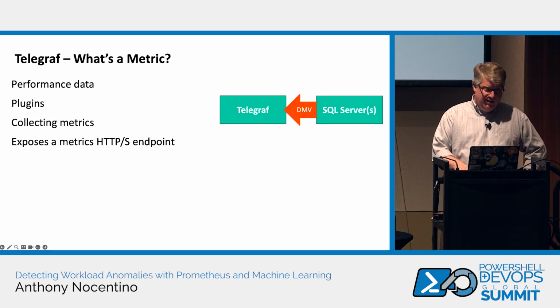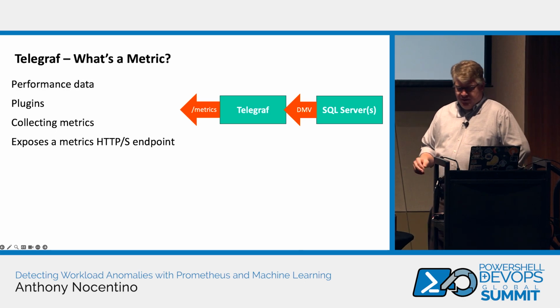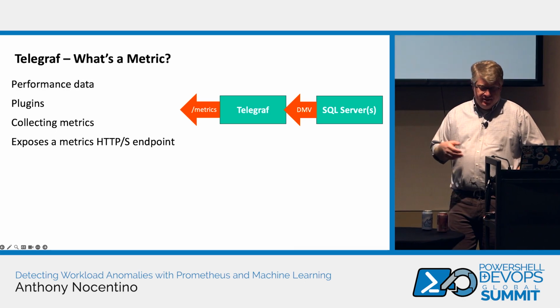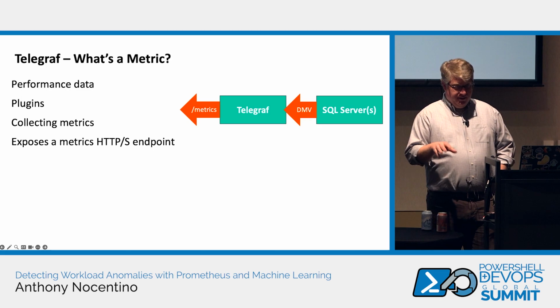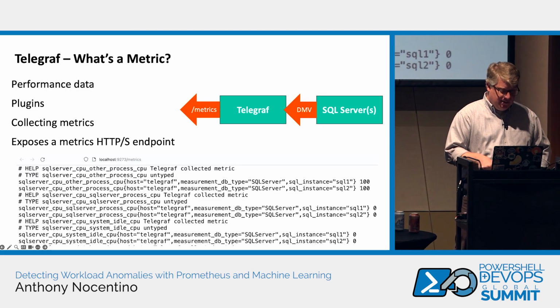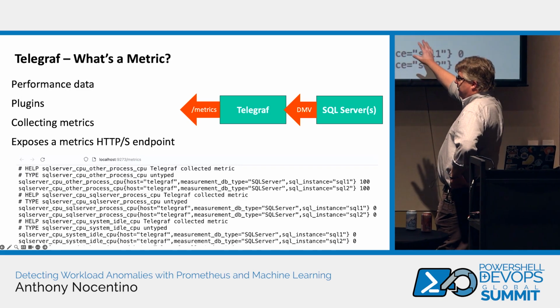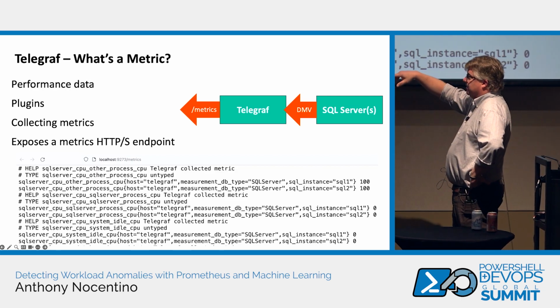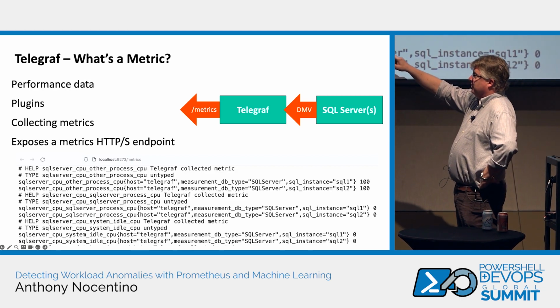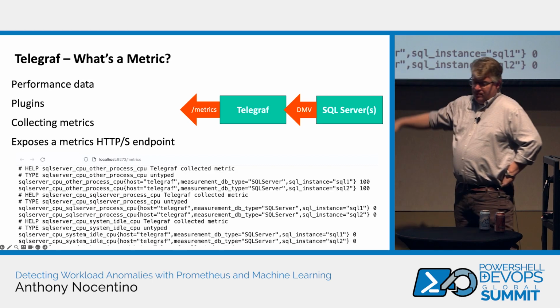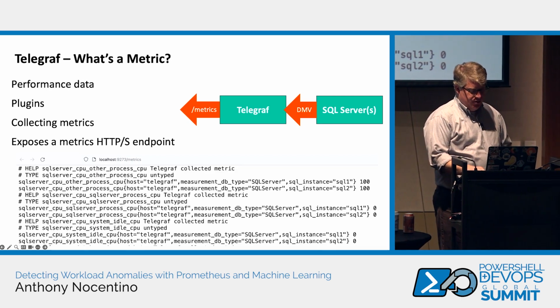Telegraf's going to start up and read a bunch of DMVs, which are ways that SQL Server can expose performance data to you. That's then exposed as what's called a metrics endpoint, right? It's an HTTP URL that you can hit that looks like this. We'll have just a web page that runs, in the container implementation that you have right now, on port 9273, where it will have the metrics exposed to you to read.